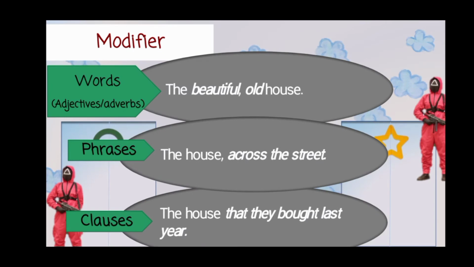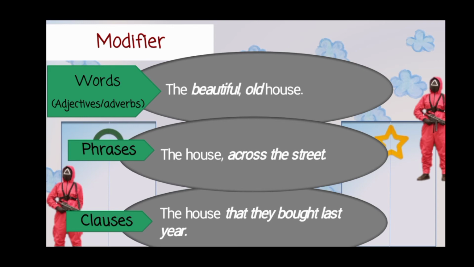So these are the examples of modifiers. The bold and the italic words are the modifiers. So as what I have said, a modifier could be a word, a phrase, or a clause. For the first example is the words, the beautiful old house. So the beautiful and old are both adjectives that modify the house.